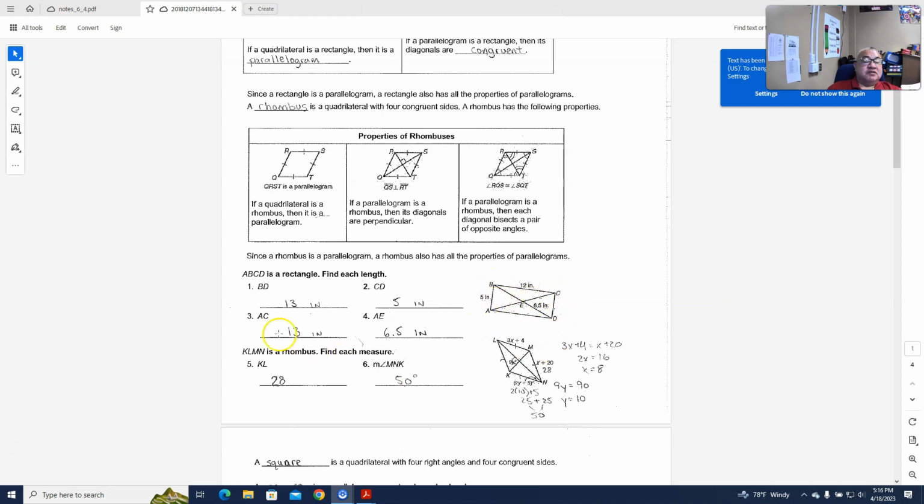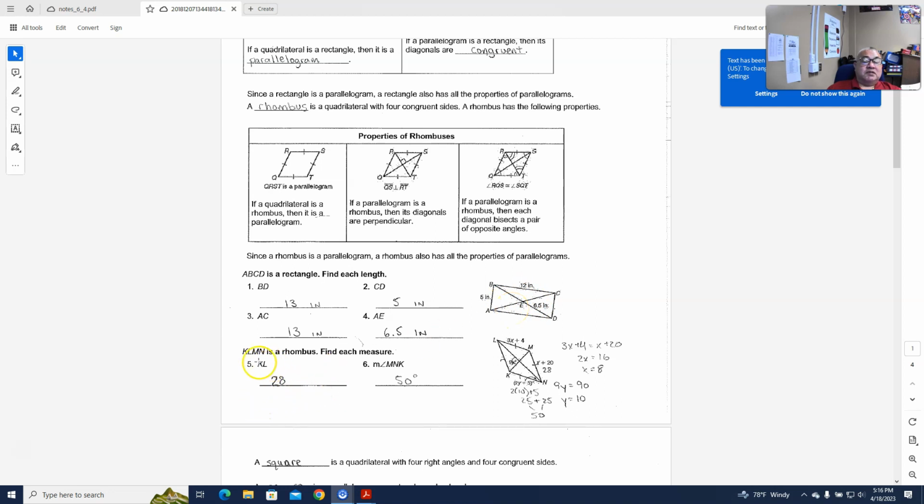AC is the diagonal, and it's also congruent to BD, which we already knew was 13, so AC is 13. Since the diagonals bisect each other, these four segments are congruent, so that's 6.5.